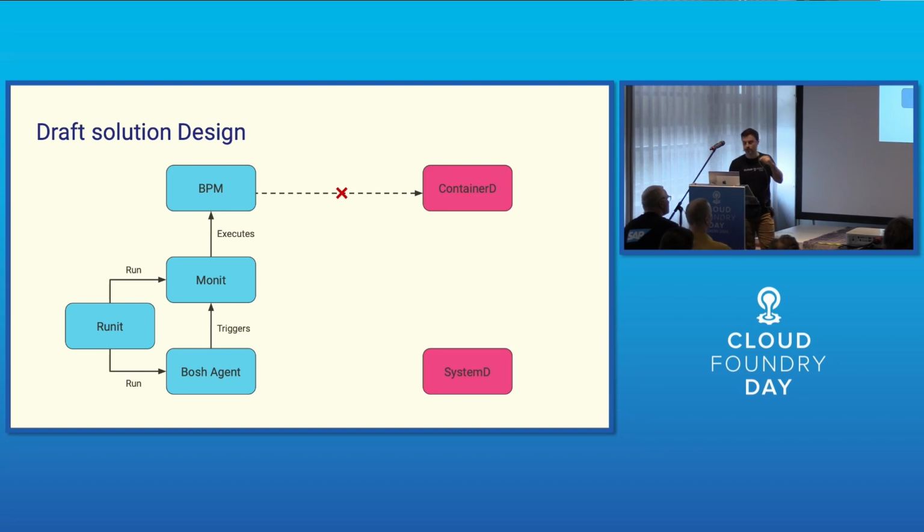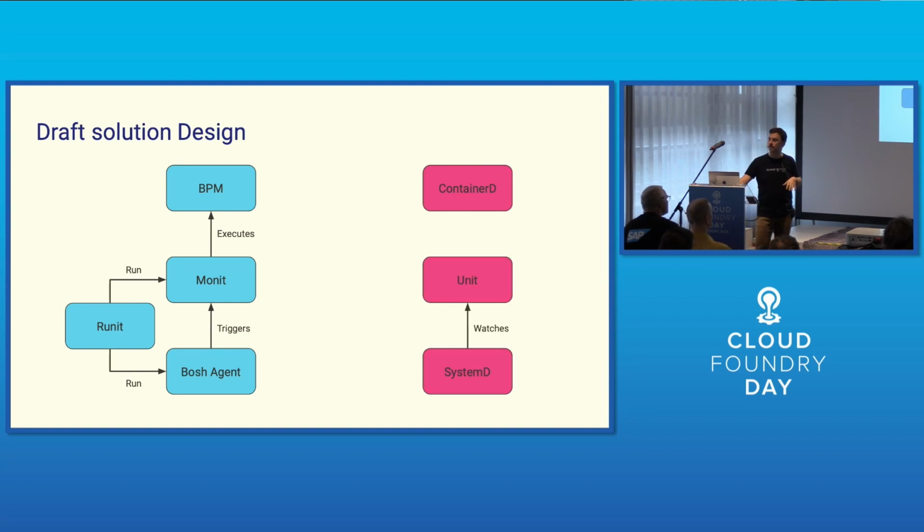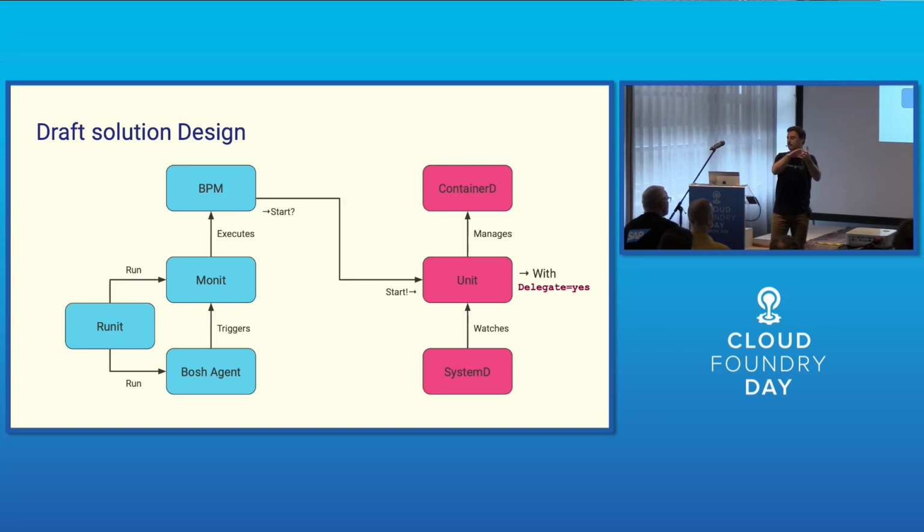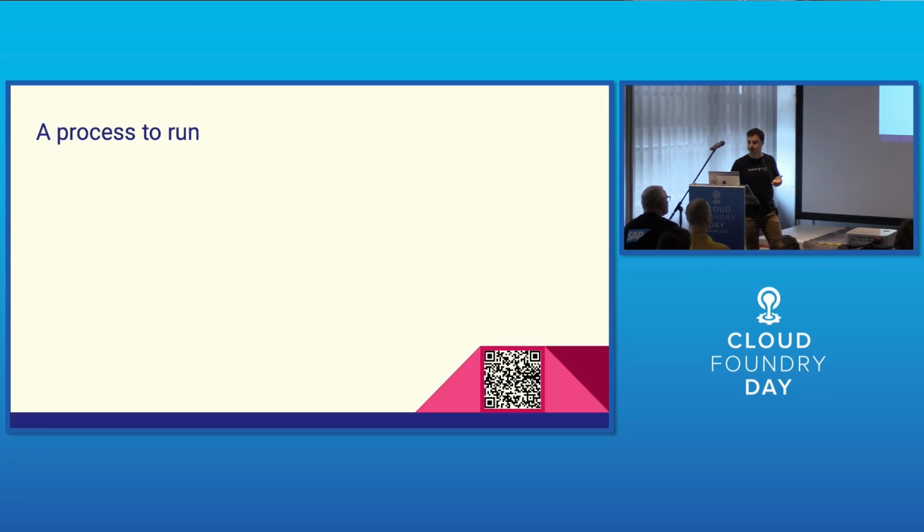Because of systemd, we need some different approach. Systemd watches a unit file where we put the Delegate=yes stanza, and this manages containerd. How can this fit together? The idea is that BPM, when it starts, says to the unit file, you need to start. And whenever containerd would fail, it says back to BPM somehow, you need to stop.